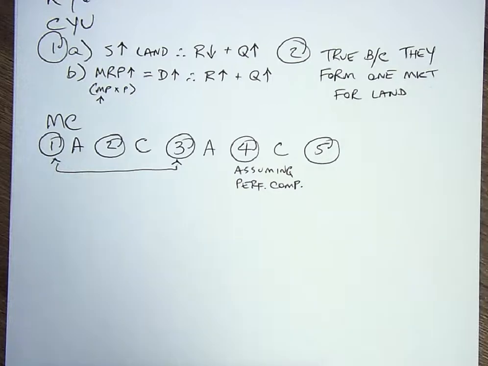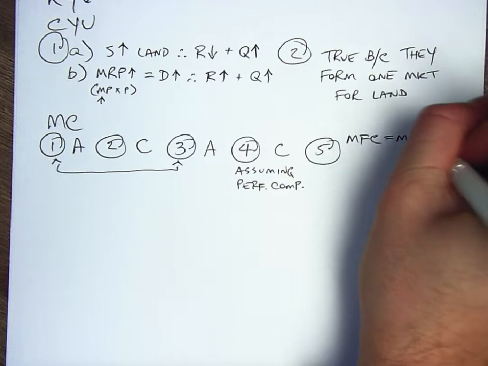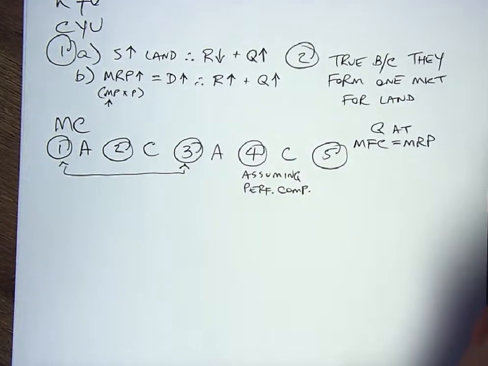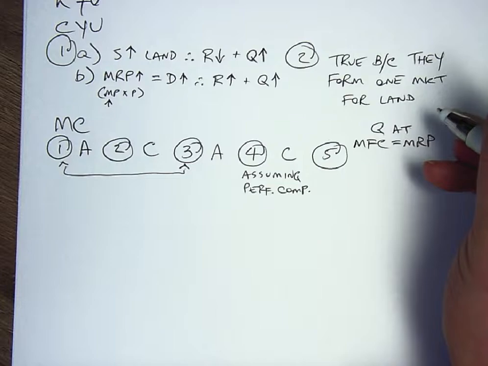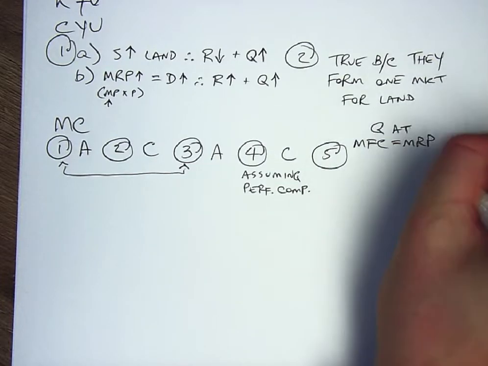Number 5, according to the marginal productivity theory of income distribution, and this is just the general idea behind all of that MFC equals the MRP, and that we hire that quantity of whatever factor it is. Marginal productivity theory says that each factor is going to be paid the equilibrium of the MRP.